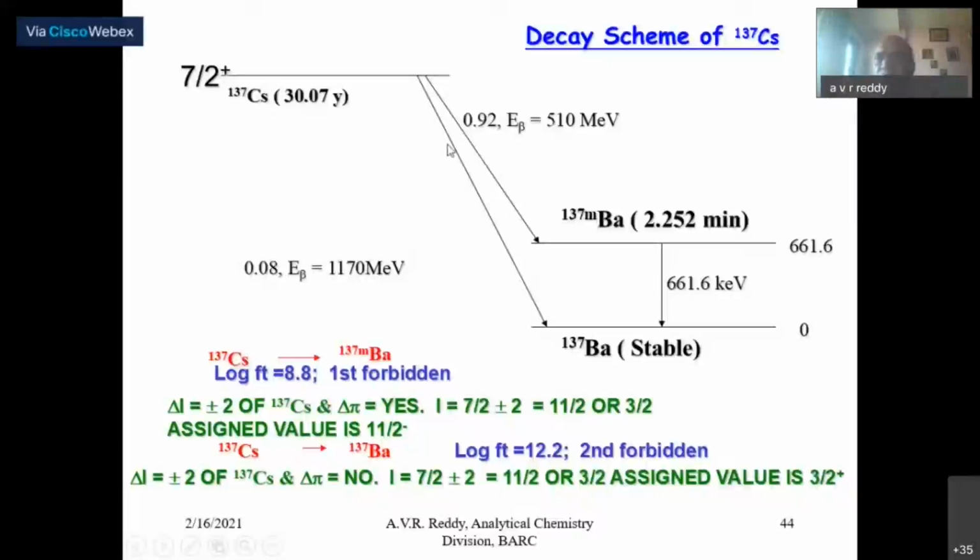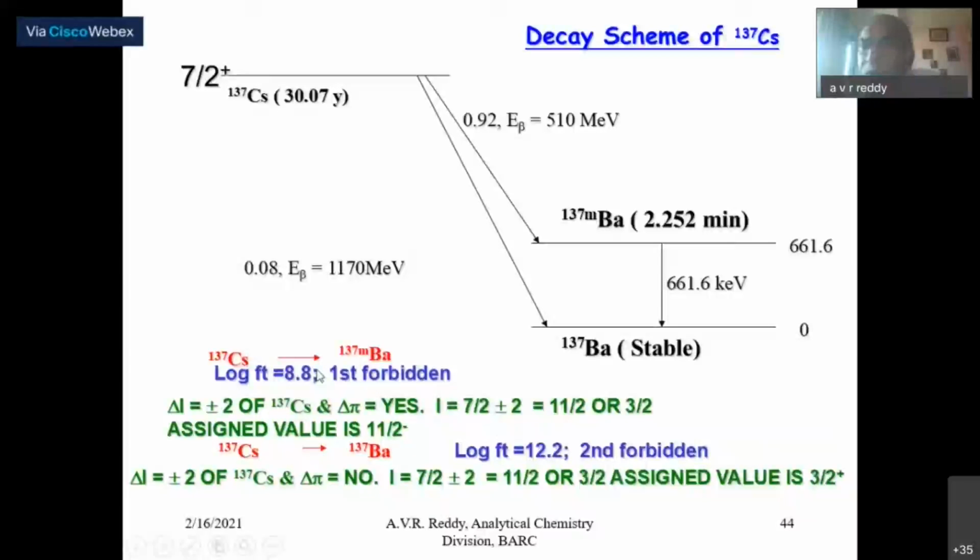Now, this is the ground to ground transition, which has a lower probability. This is only 0.08, that is 8%. Whereas 92% get transition from the ground state to an excited state of barium 137, that is the daughter product.